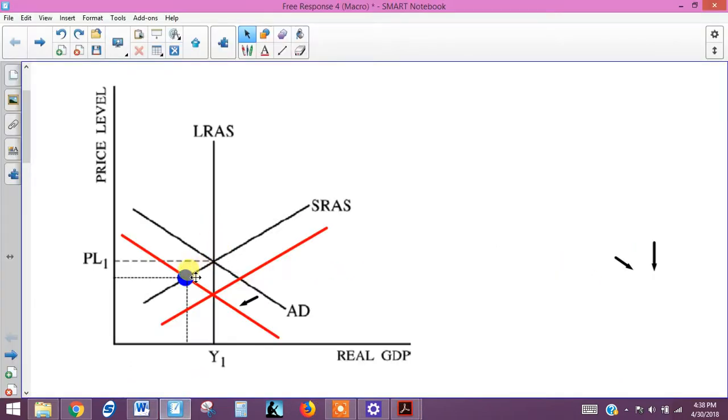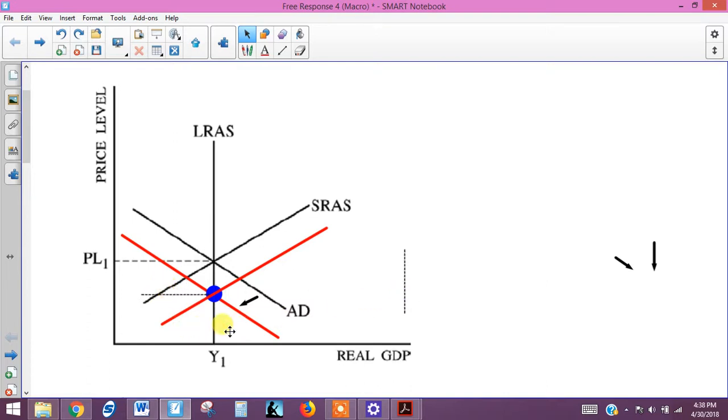And then we're going to have a movement along the line of the second aggregate demand, and in the long run, we're going to end up back at full employment, back at the original output Y1, but at a much lower price level.